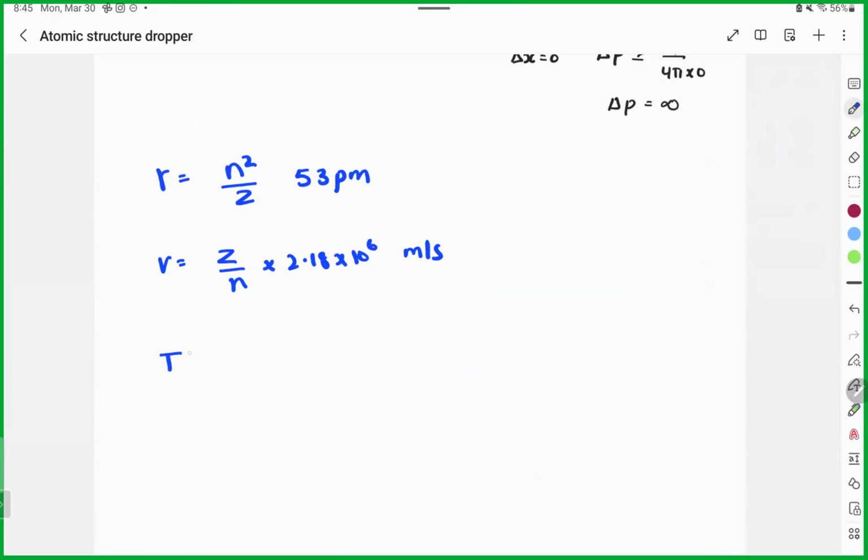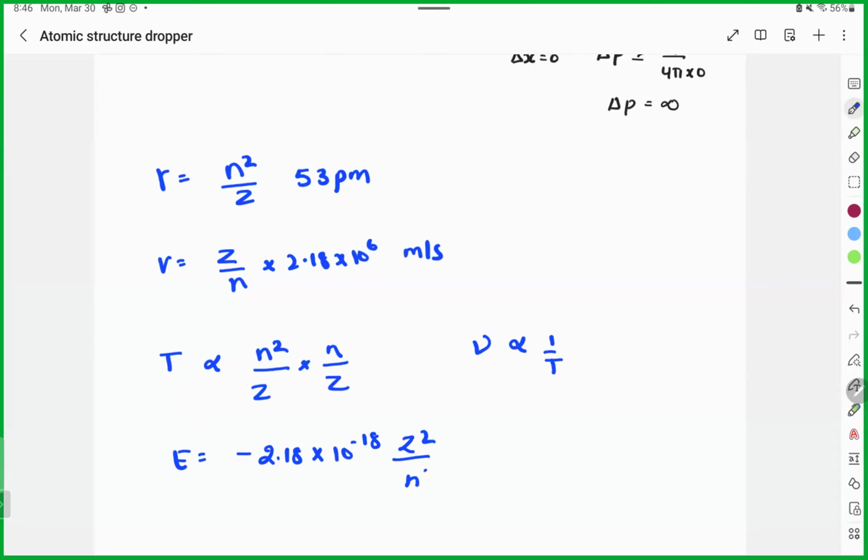Time is directly proportional to radius, so n square by z, and inversely dependent upon velocity, so velocity will be z by n. Frequency is the opposite of time period. Energy is equal to minus 2.18 into 10 raised to power minus 18 z square by n square.